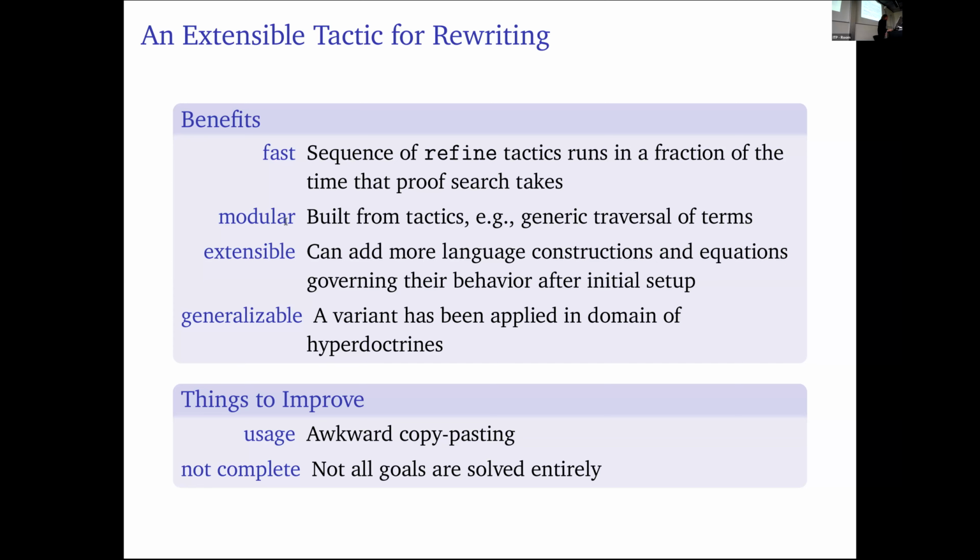It's modular in the sense that it's built by composing a bunch of smaller, generic tactics. It is extensible in the sense that we can add more constructions on the fly to the tactic and more equations between different constructions. So it's not restricted to lambda theories if we want. And it's generalizable in the sense that we were able to adapt the tactic to do rewrites in a different domain of application.